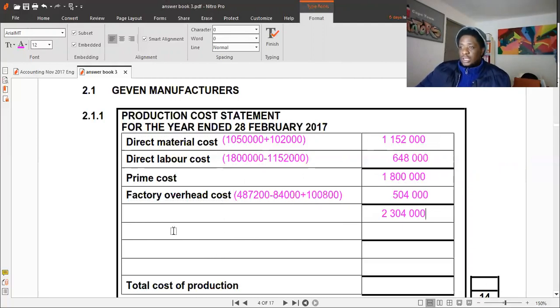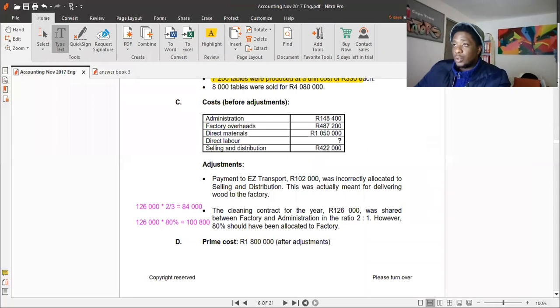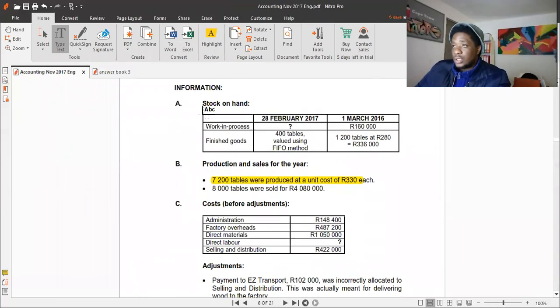And then what you need to do after that is to add work in progress at the beginning of the year, work in progress at 1 March 2016. So let's find the work in progress. It's in the first piece of information. They say work in process is 160,000 at the beginning of the year.